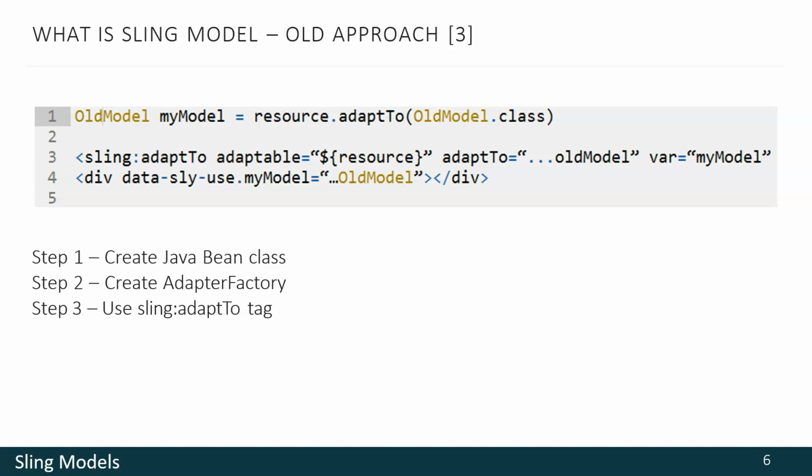Or we can use the Sling adaptTo tag to adapt the resource in a JSP file. So, the older approach steps are: first, create a Java bean class, then create an adapter factory class, and finally use the Sling adaptTo tag to adapt the resource to our model.